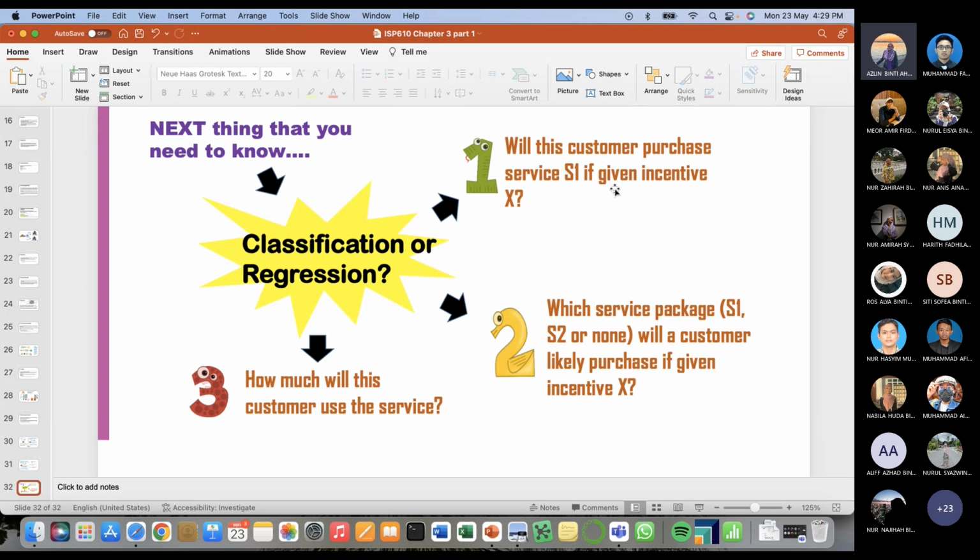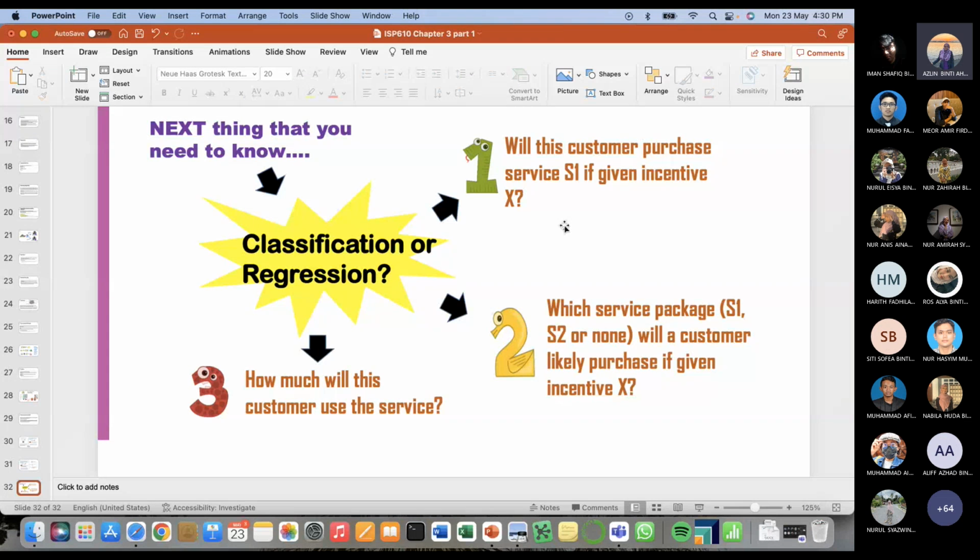So this one classification ke regression? You rasa-rasa apa? For number 1, will this customer purchase service if given incentive X?